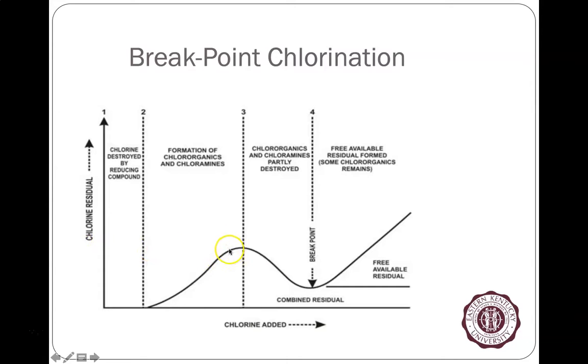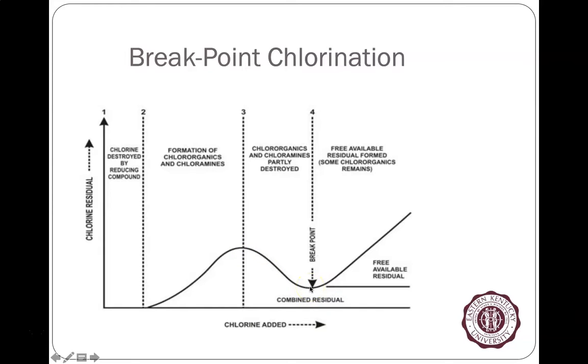So this is actually able to kill things. It can disinfect. However, the amount that we add, as we continue to add it, and even if we don't continue to add it, these levels will fall quickly. Over time we will see a destruction of the chloramines.